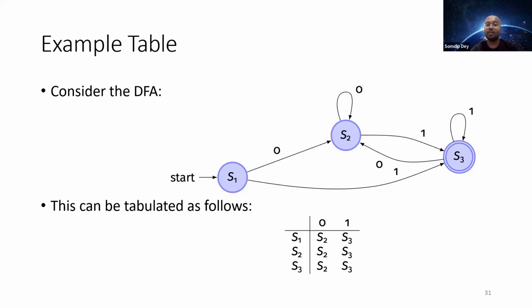If it is not accepted, then we do not consider that as a token. But if it is accepted, then that is a valid token or legal token for this particular DFA. So that's why we need to understand the importance of the state transition table from a DFA to generate tokens.